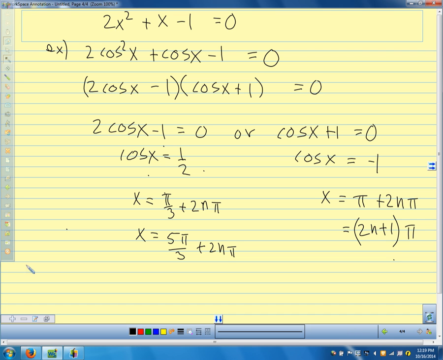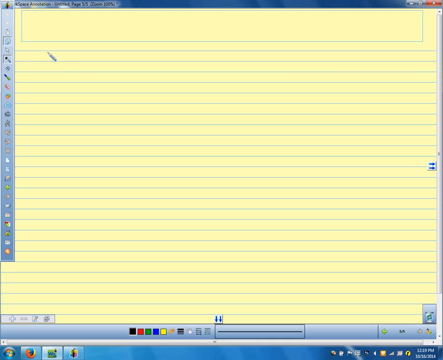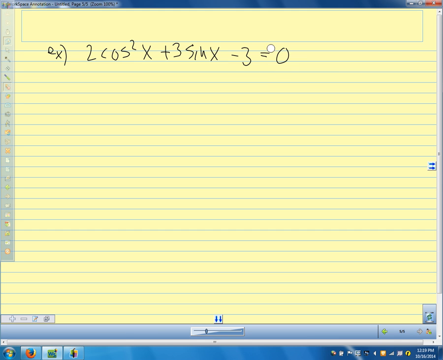Let's look at another one. We just have a couple more now. All right. So we want to solve this. What's our first issue here? We have a cosine and a sine.